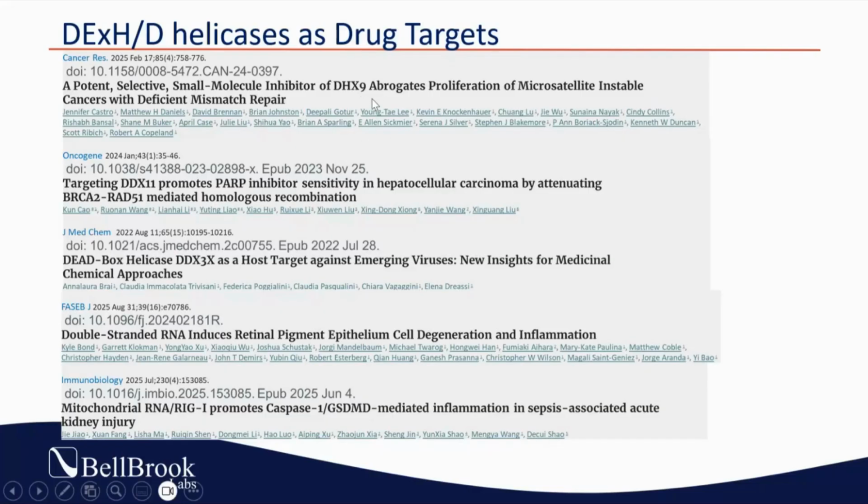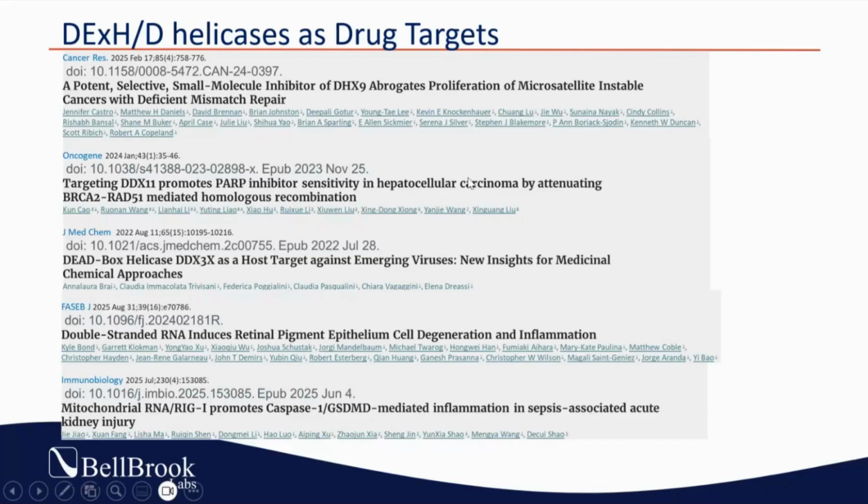This is the example that I mentioned, the company Accent Therapeutics, which now has a DHX9 inhibitor in the clinic. I believe it's in phase 2. And it actually turns out to be an immune checkpoint. So it dampens the type 1 interferon response to tumors. So they're inhibiting that to improve the effect of immune checkpoint inhibitors.